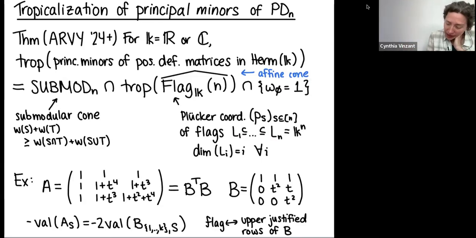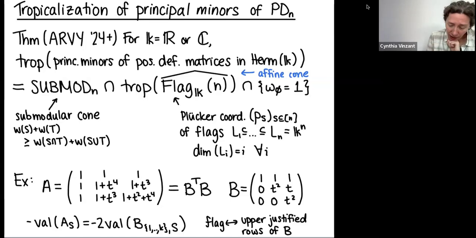Then, what do we have for every subset of 1 through n? For every size, 1 through n, we have a subspace, L_k of dimension k, and we have Plücker coordinates corresponding to that subspace. And so this naturally lives in a 2 to the n dimensional space.